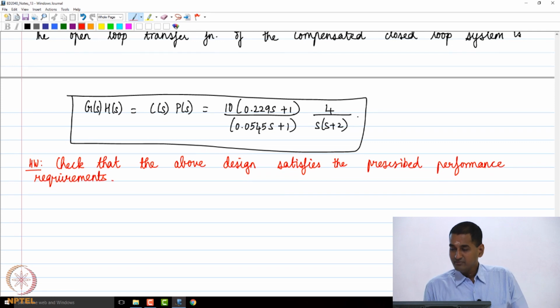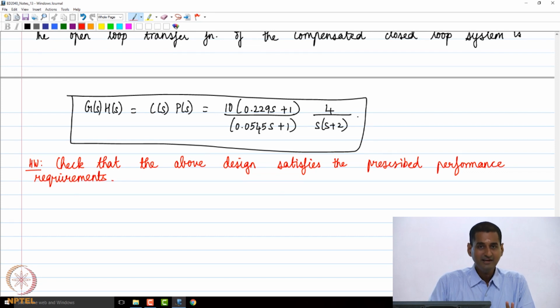But you can make one more observation. Please note that the value of omega gn has increased, which would mean that the bandwidth of the system has increased. But then what was your observation if the bandwidth increased?